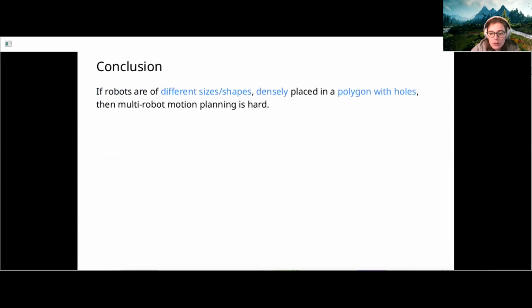Okay, so finally, let me just conclude with the general observation that if we have a multi-robot motion planning situation where robots are of different sizes or different shapes, and they are densely packed in a polygon with holes, then most probably the problem is hard and we cannot solve it.